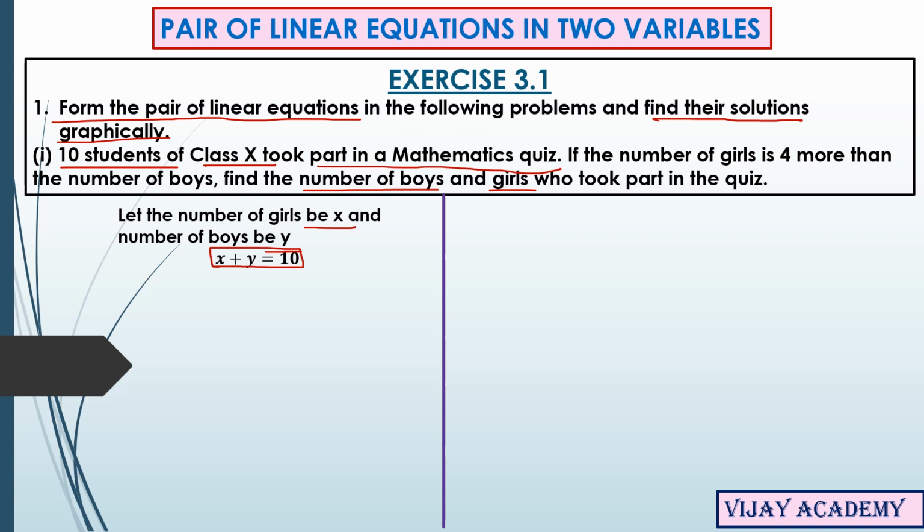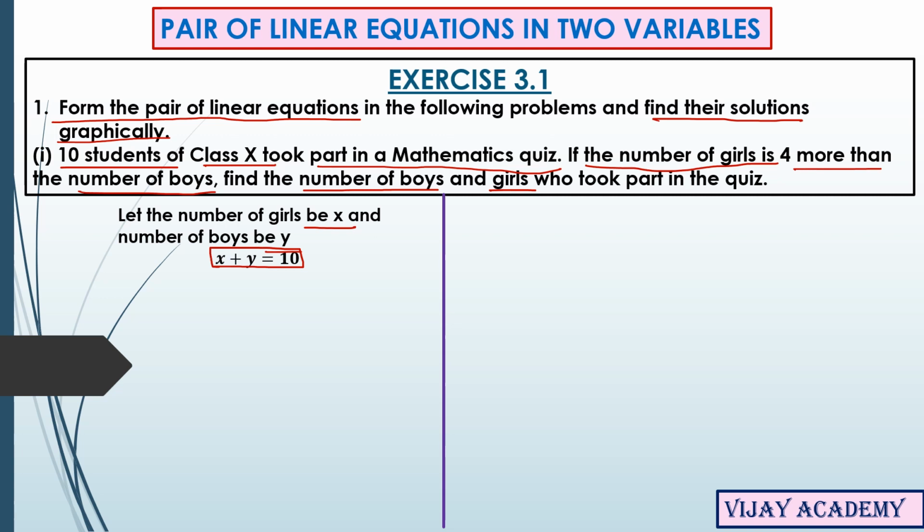Now let's go to the second statement. The number of girls is 4 more than the number of boys, which means girls are more than boys. How many girls more? 4 girls more. So the number of girls is more, the number of boys is less, and the difference is 4.